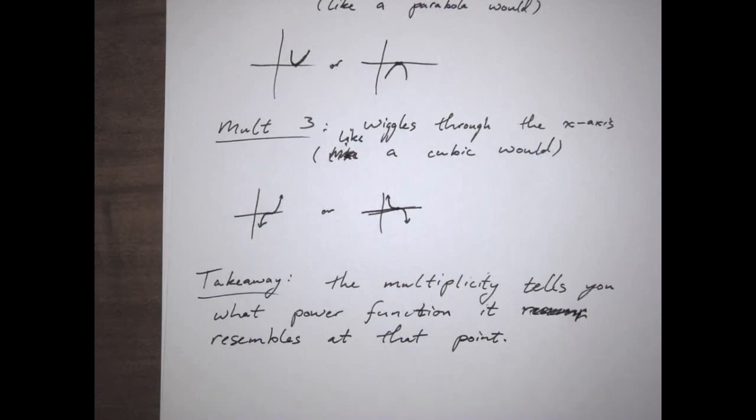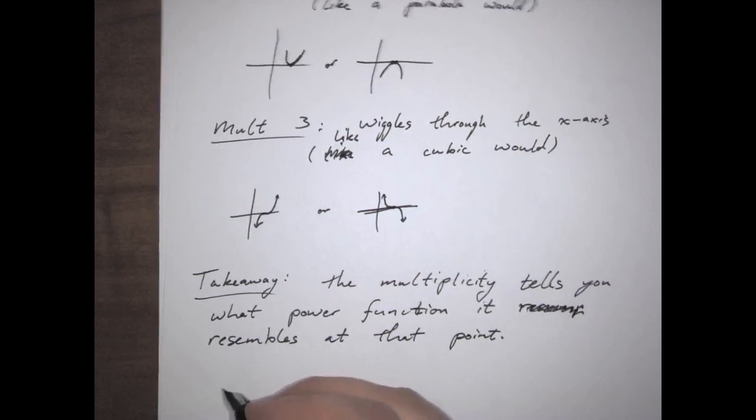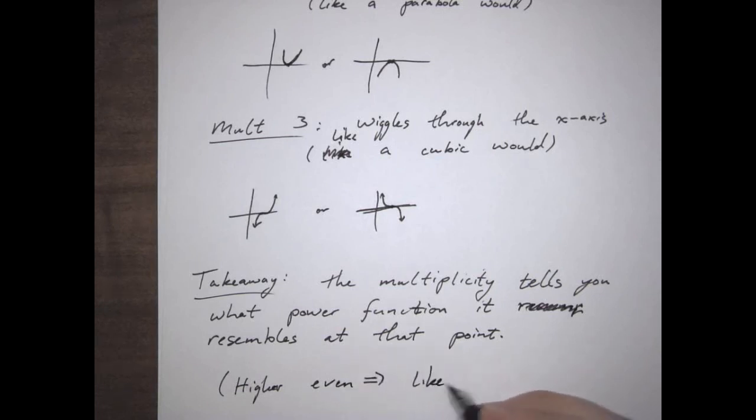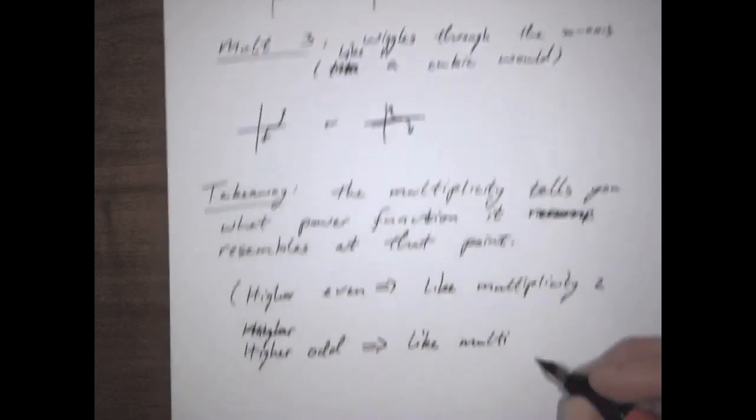And higher even act like multiplicity 2, and higher odd act like multiplicity 3. So higher even means like multiplicity 2, and higher odd means like multiplicity 3.